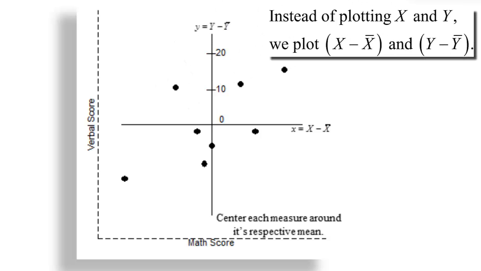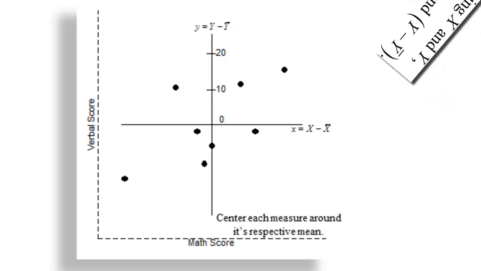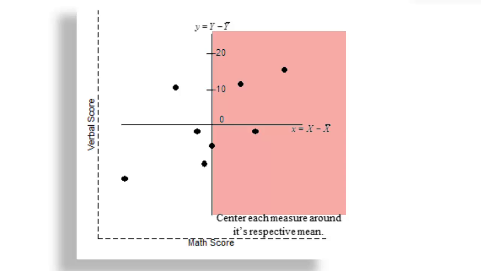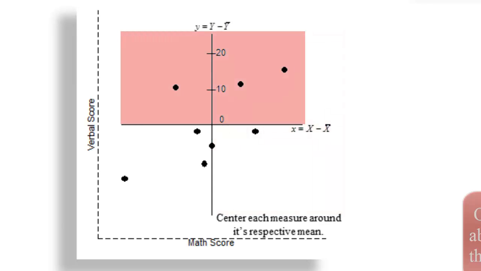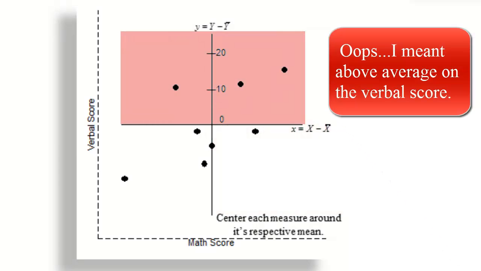The only difference is that where our plot begins, that kind of point where the axes cross, is now in the center of the points because I've centered each point around the mean. This gives us our 4 quadrants. Everything to the right of the vertical line is above average on the math score. Everything above the horizontal line is above average on the math score. And you can figure out the other relationships.